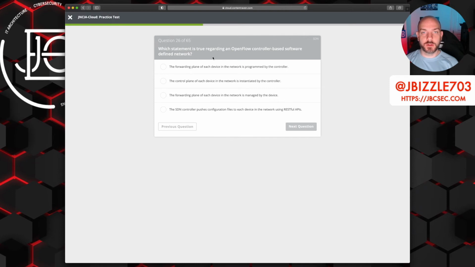Which statement is true regarding an OpenFlow controller-based software-defined network? The forwarding plane of each device in the network is programmed by the controller. The control plane of each device in the network is instantiated by the controller. The forwarding plane of each device in the network is managed by the device. The SDN controller pushes configuration files to each device in the network using RESTful APIs.